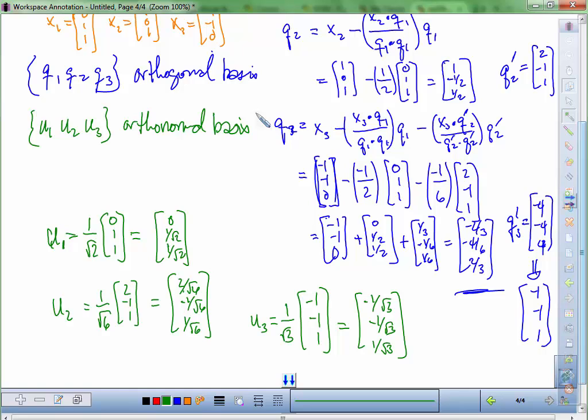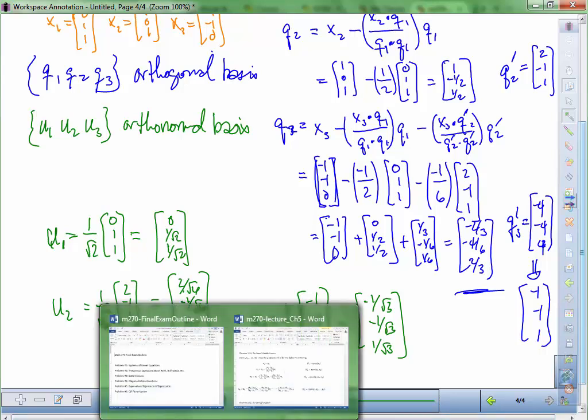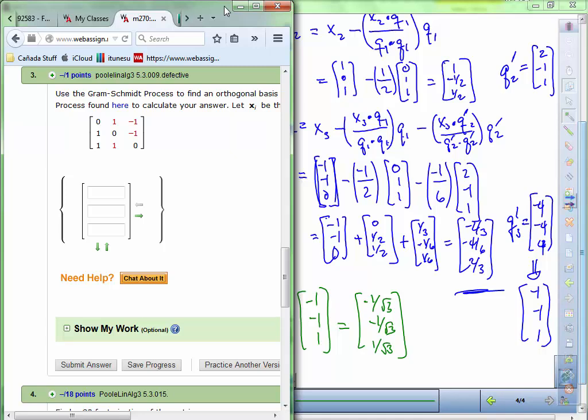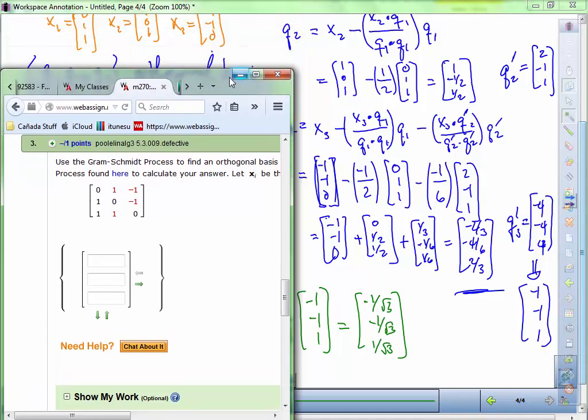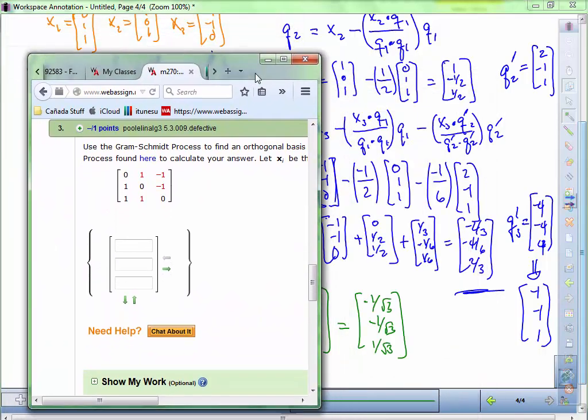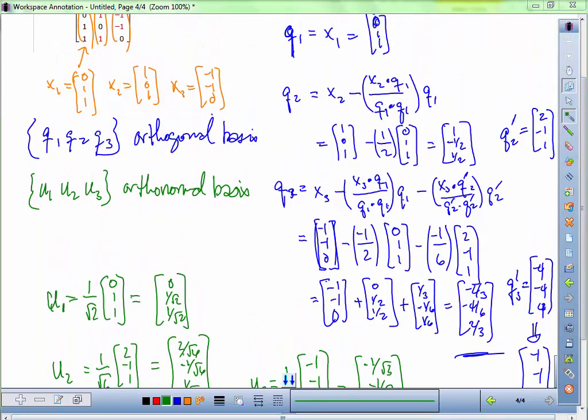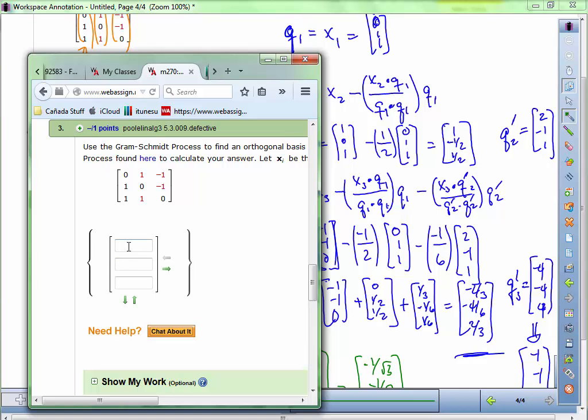It's not going to give you the right answer. Can we see what the messed up answer is? There is no messed up answer. All right, so if we want to try to put in the answers, we get 0, 1, 1.